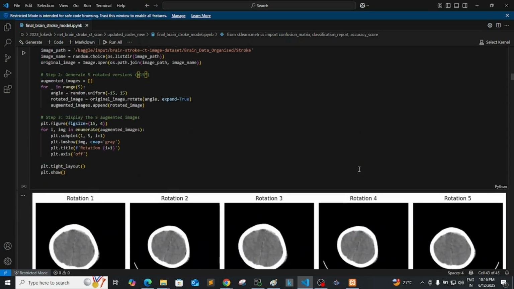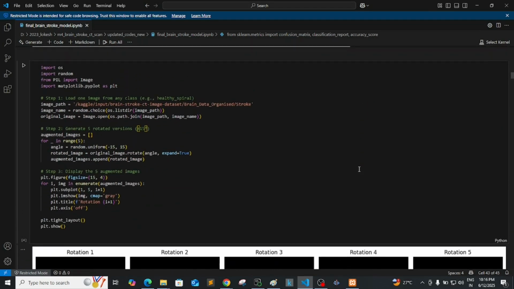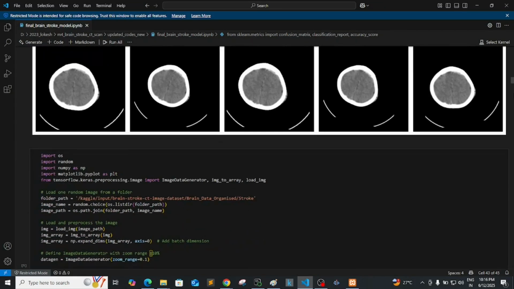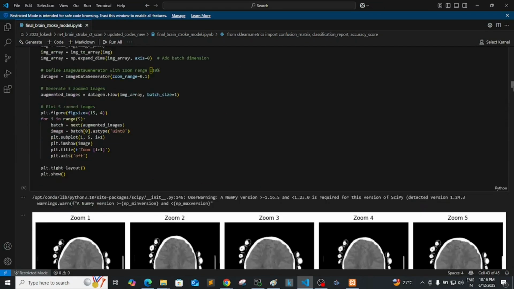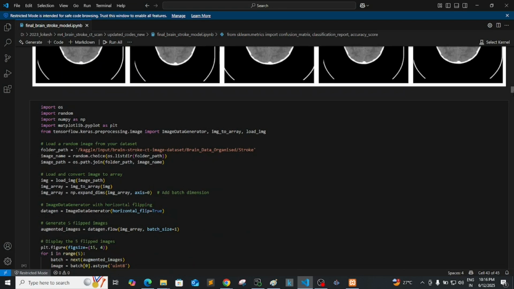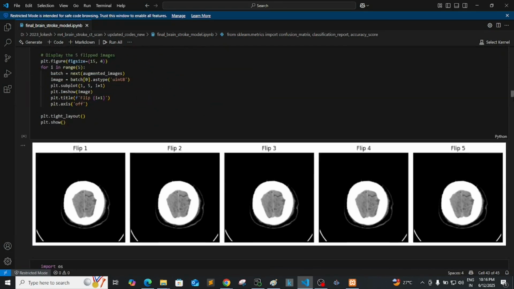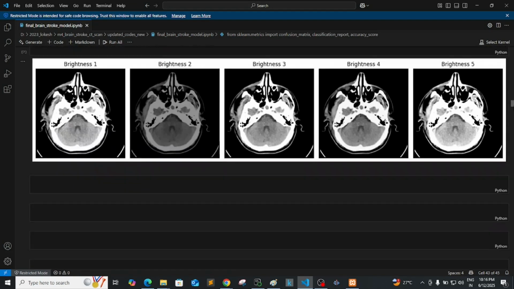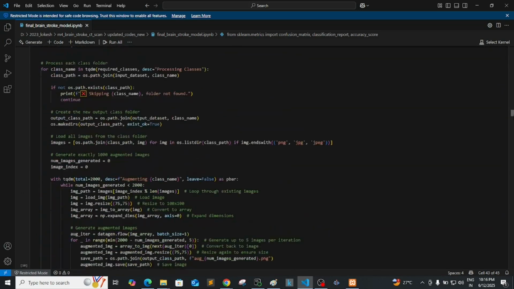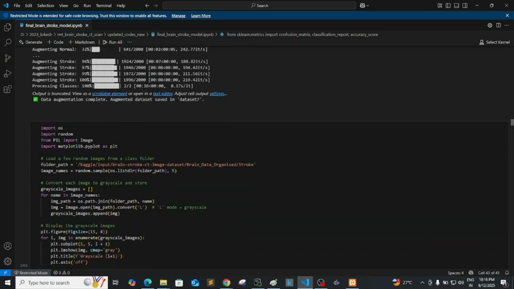These are the different pre-processing techniques we are using. A few pre-processing things I will tell you.